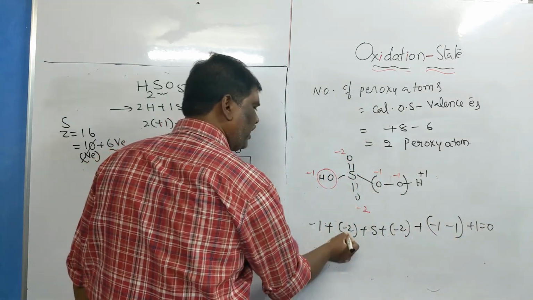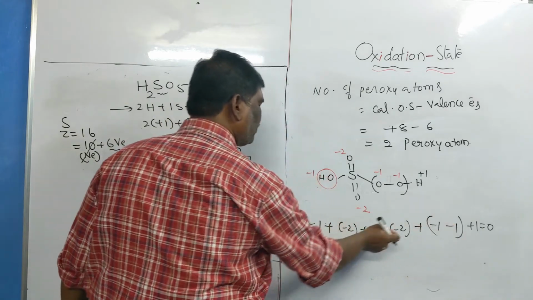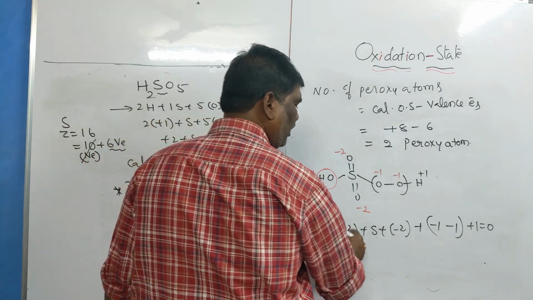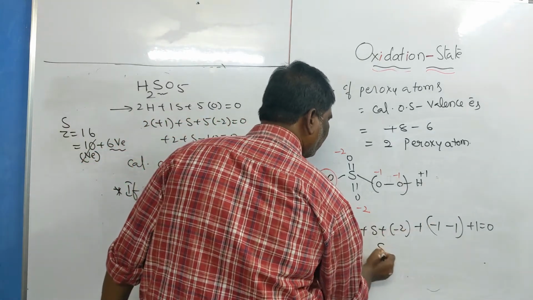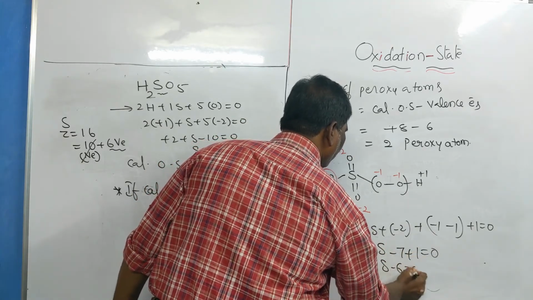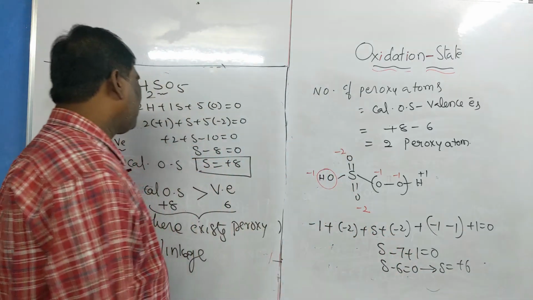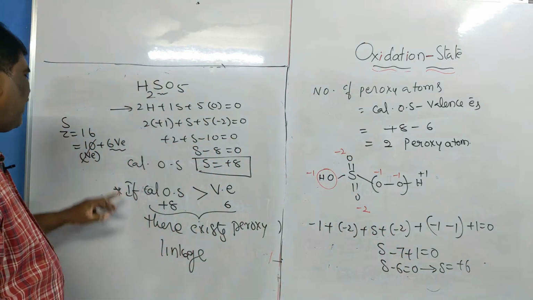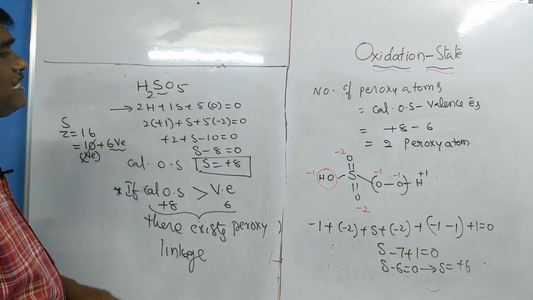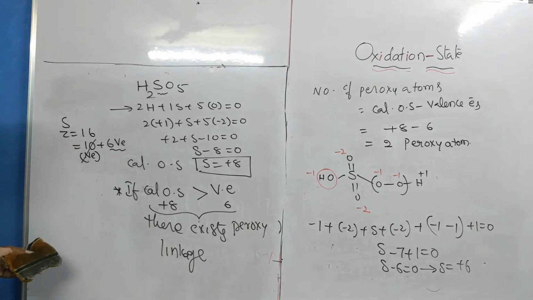On simplification we get -2 -2 -2 -1, so totally we are getting -3 -5 -7. S minus 7 plus 1 equal to 0, S minus 6 equal to 0. I am getting S is equal to +6. I told you, because of peroxy linkage, the oxidation state is adjusted to the valence electrons.